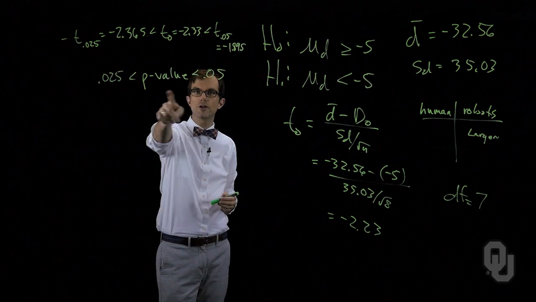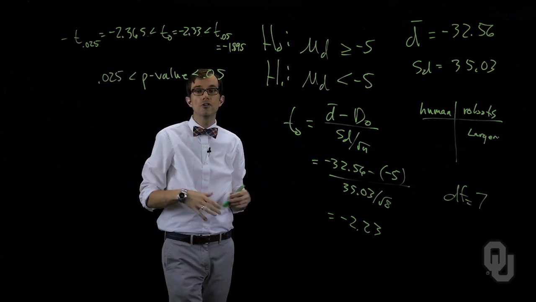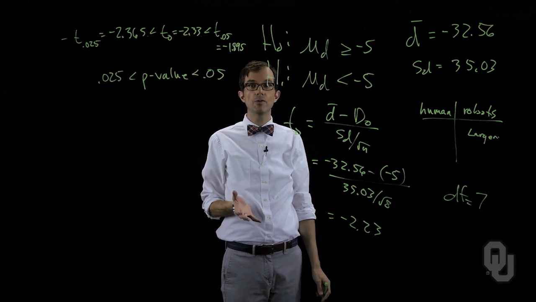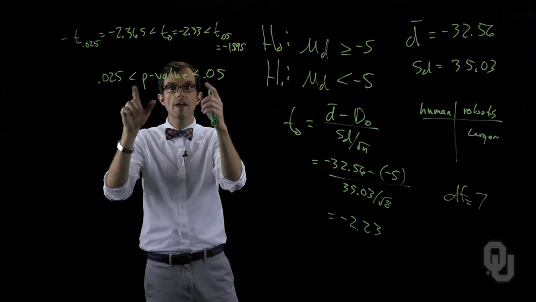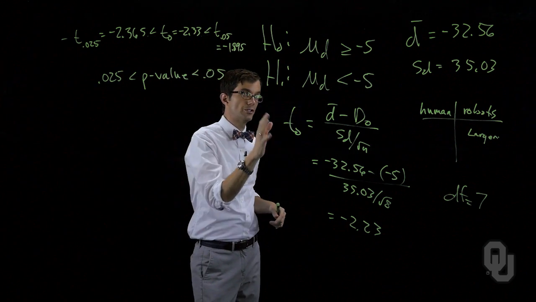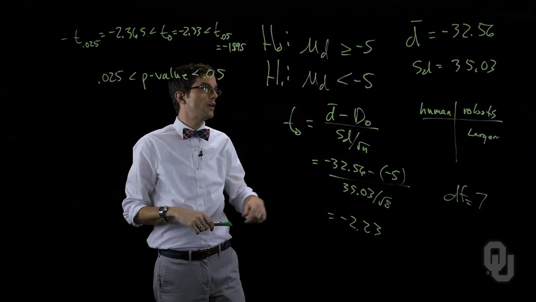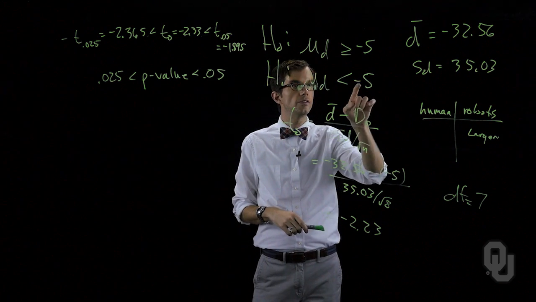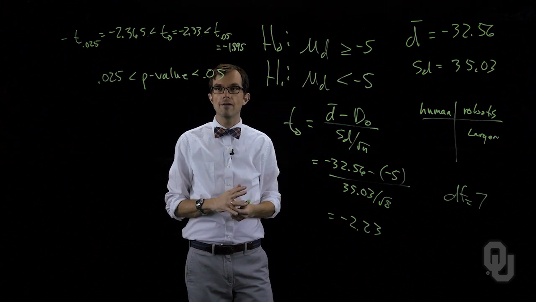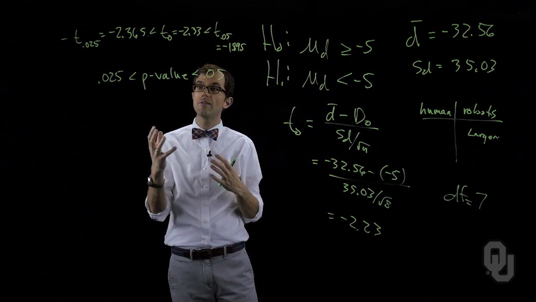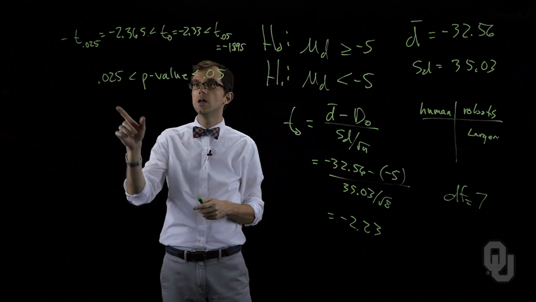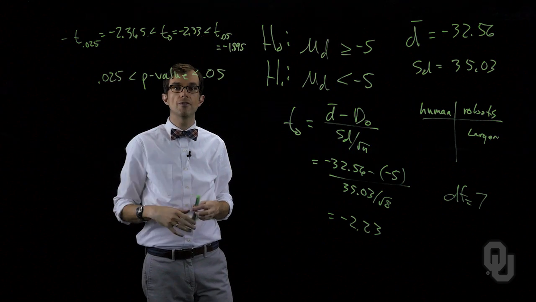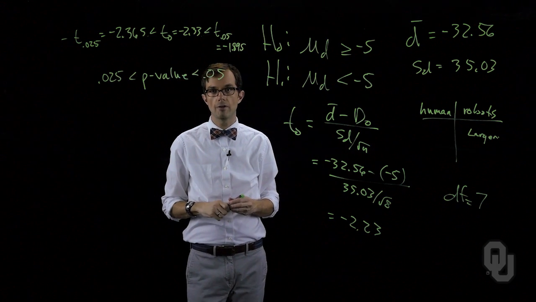So if we wanted to draw a conclusion with 95% confidence, then our p-value is indeed less than 0.05. So we would reject the null and conclude that the difference here is less than negative 5. If we wanted a stronger amount of confidence, if we wanted to be 99% confident, for example, our p-value would be larger than the value of alpha, and that wouldn't work out right.